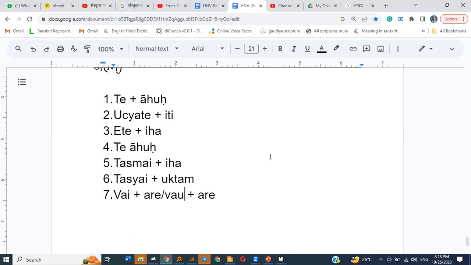Vai or vau. The eighth one, va iha. Again, it could be vai iha, could be vau iha, depending on the context. Yeah, so that was yesterday's Sandhi, 54 and 55.